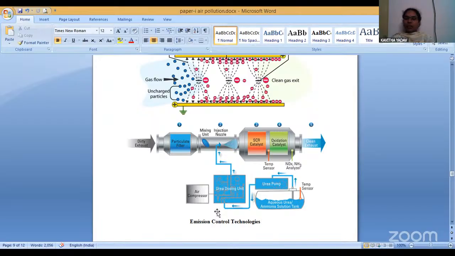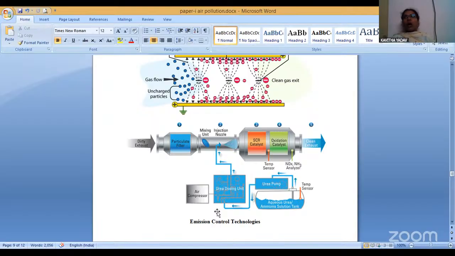Then what will happen when the dirty gas enters the particulate filter? What is the capacity of the particulate filter? The dust particles and particulate matter between 2.5 and 10 can be stopped at the outside of the particulate filters only.